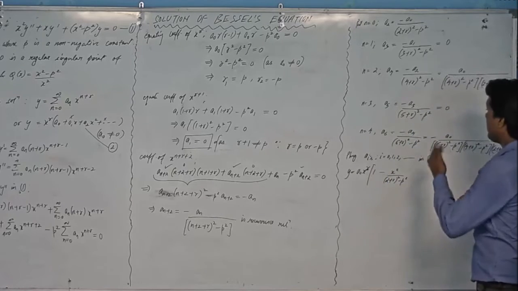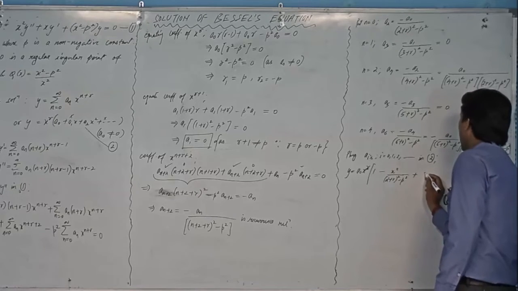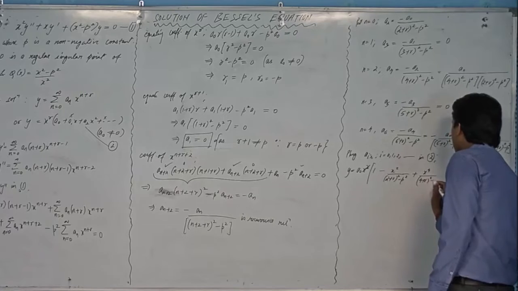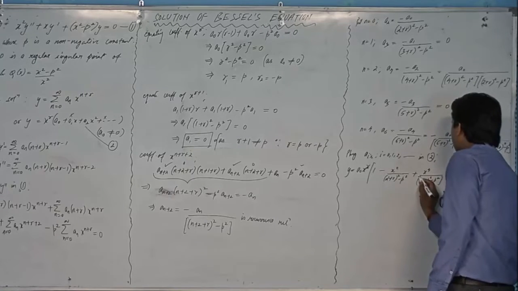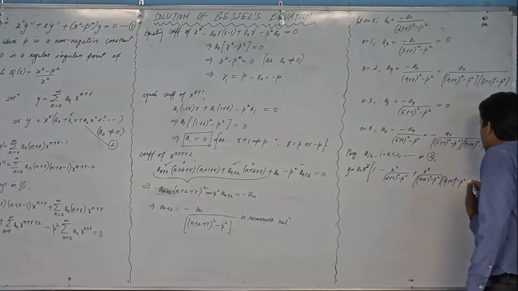Then a4 gives plus x to the power 4 over (4+r) whole square minus p square multiplied by (2+r) whole square minus p square.